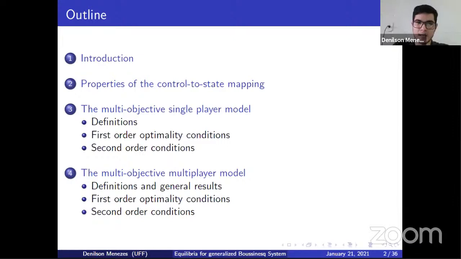After this, I present some properties for the control to state mapping. In the multi-objective single-player model, I will give some definitions, first-order optimality conditions and second-order conditions. In the end, in the multi-objective multiplayer model, I will present some definitions and general results, first-order optimality conditions, and second-order conditions.